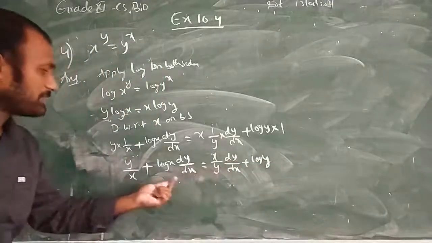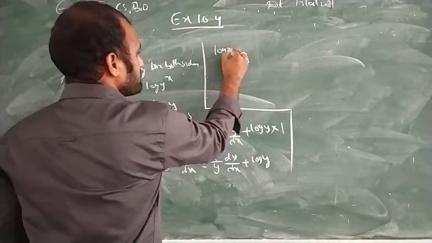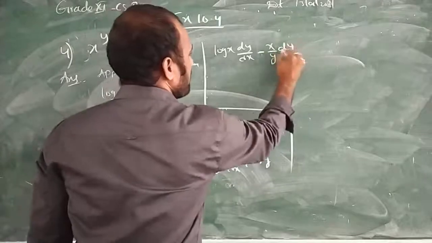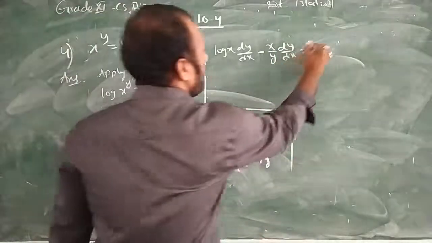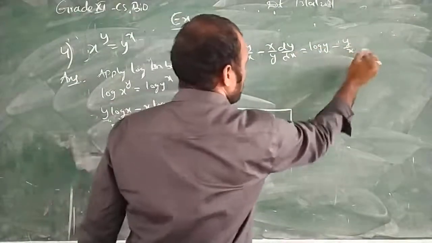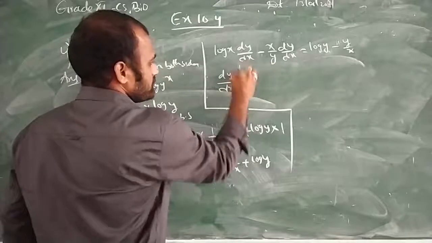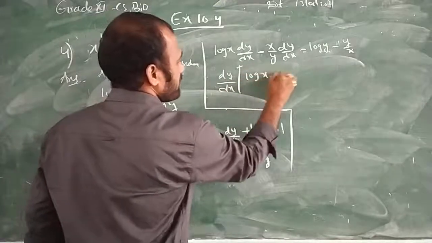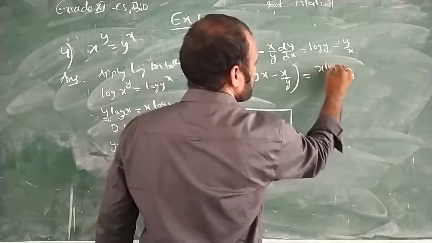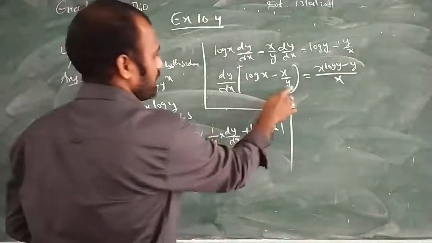So we'll transpose dy by dx to one side. So log x dy by dx minus x by y dy by dx equals log y minus y by x. In these two we can take dy by dx common. So we are left with log x minus x by y equals x log y minus y by x. Here the LCM will be y.